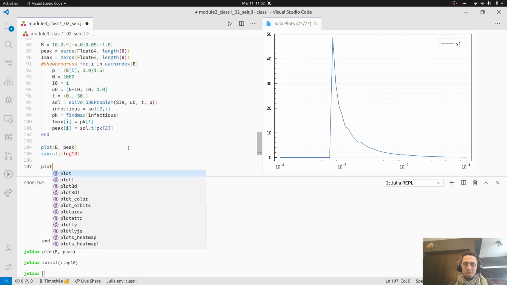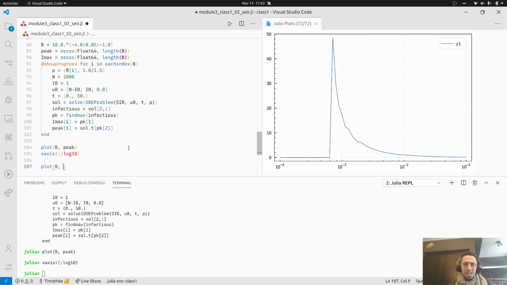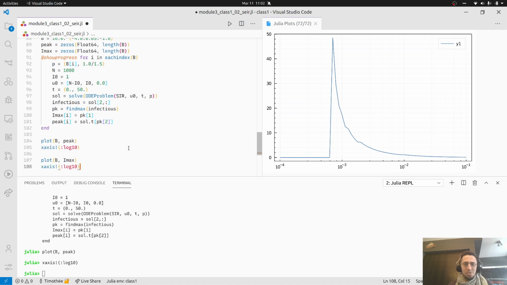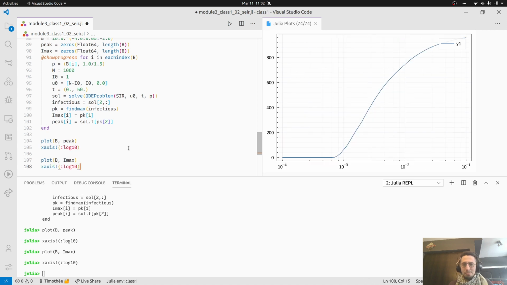But what if we plot B against the maximum number of people infectious during the peak? We'll have something that's slightly different. It's a lot more monotonic as an increase. For these low transmissibility values, no epidemic takes place. The disease is not able to transmit itself efficiently, so there's no peak, it's not growing.